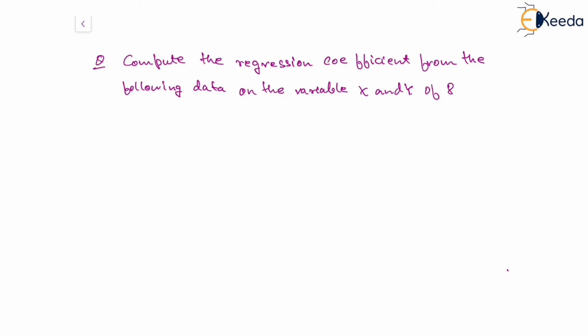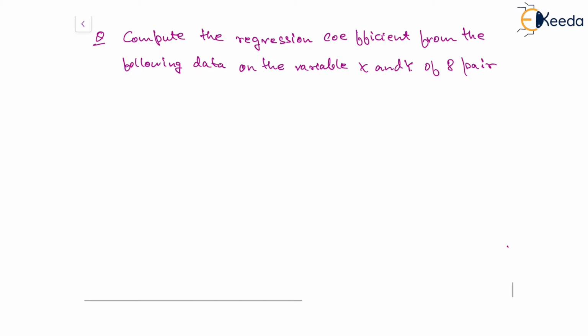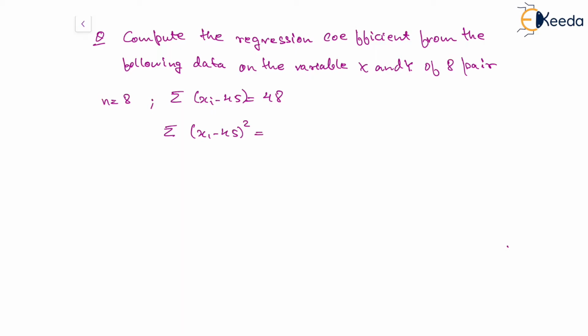of 8 such pairs. So the data given is with n equal to 8, summation of xi minus 45 is equal to 48, summation of xi minus 45 square is 4400. Summation of yi minus 150 equal to 280.